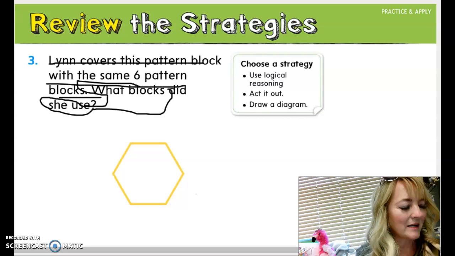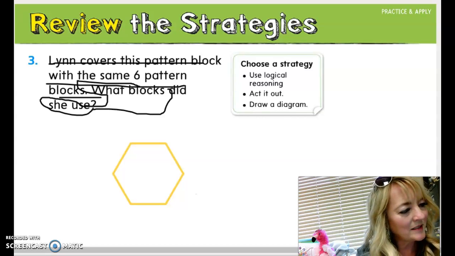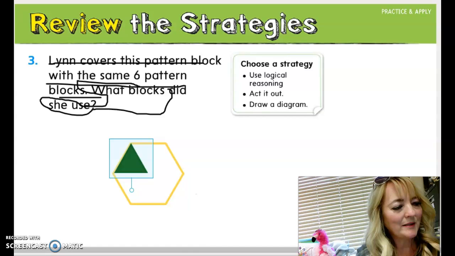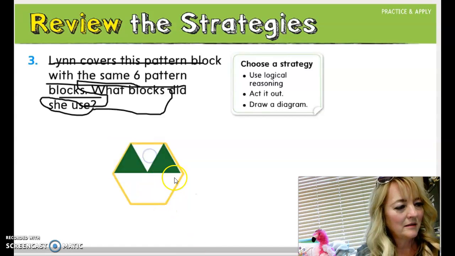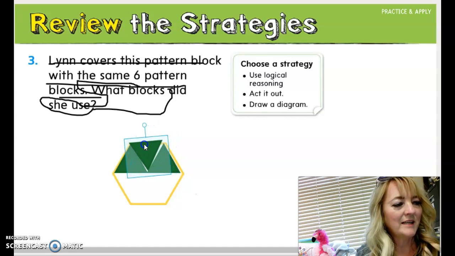6 pattern blocks. Should we try a rhombus? Should we try a triangle? Let's try triangles and see what happens. Oh, that looks pretty good. We need to turn this one so the point goes down, the single vertex. Vertex is what it is, single vertex.